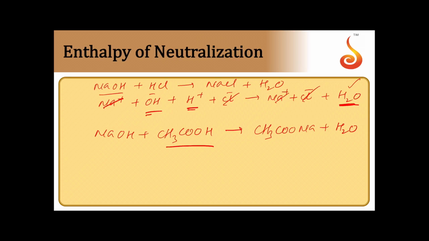It will not ionize completely, and therefore this also involves the formation of 1 mole of H plus from it. NaOH always undergoes complete ionization and directly gives us 1 mole of OH minus. So here the delta H value will always be lesser than 13.7. For example, the value may be only 13.0 kilocalories. The 0.7 has been absorbed for the ionization of the weaker acid in this case.